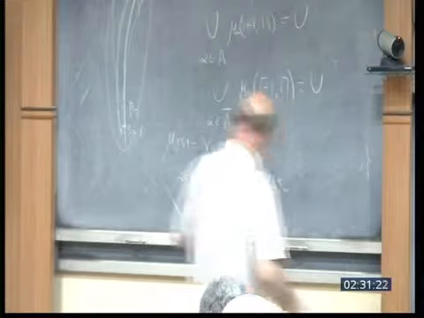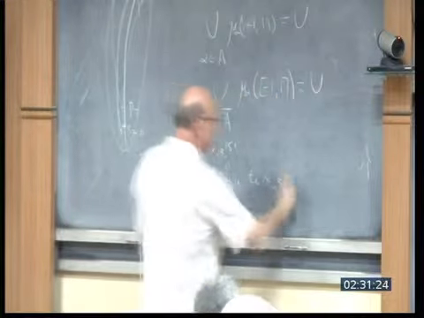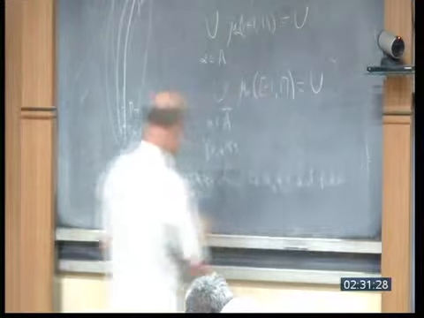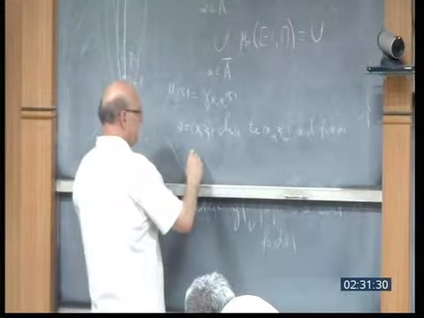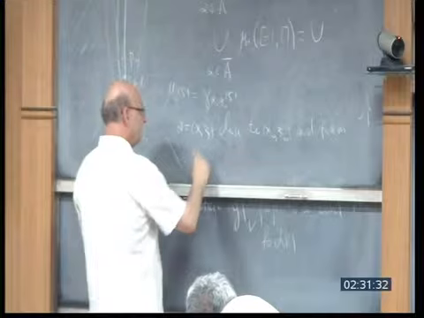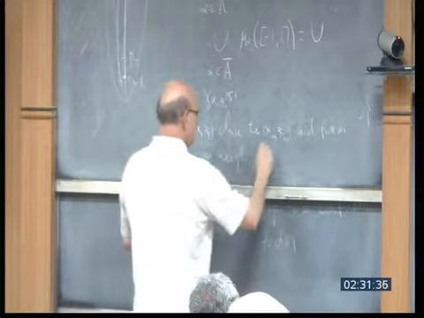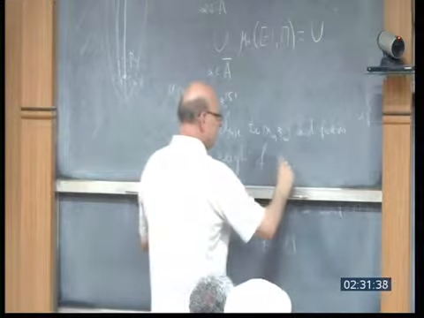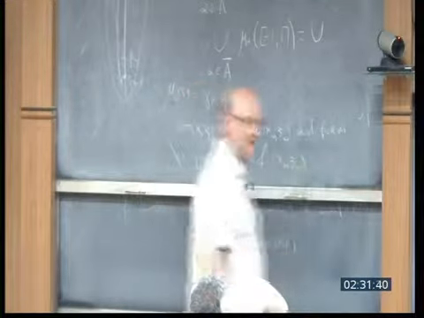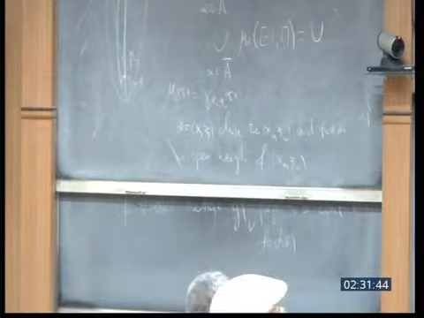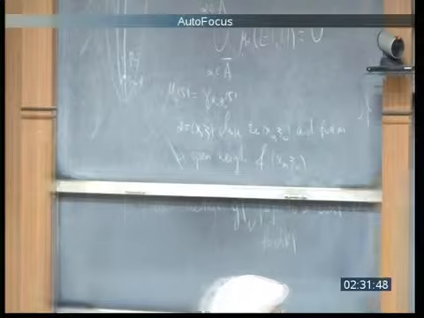And so x and psi form an open neighborhood of x0, psi 0. So our A are all the x and psi that are close to x0 and psi 0.